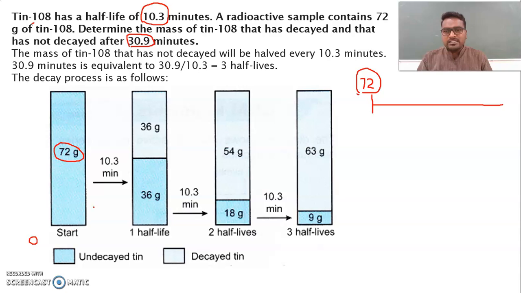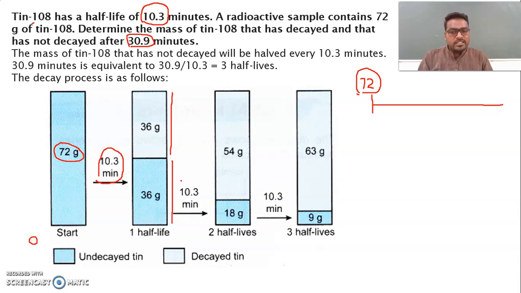As soon as the reaction starts, we know the half-life is 10.3. So after 10.3 minutes, half of 72 gram, that is 36 gram of tin, is decayed, that means it underwent nuclear decay, and the remaining 36 gram is in undecayed state. This is at exactly 10.3 minutes.